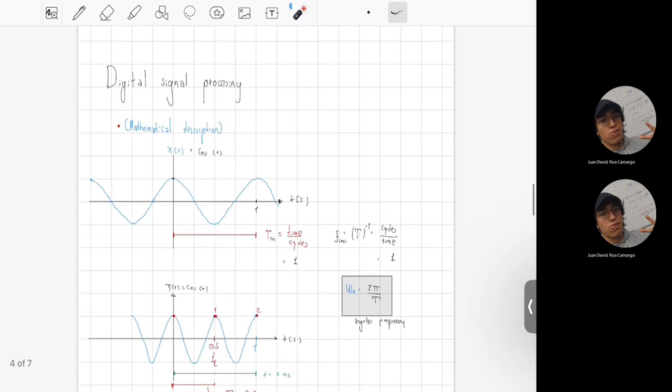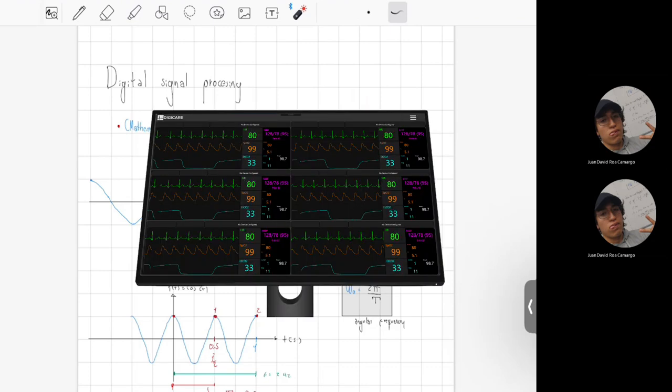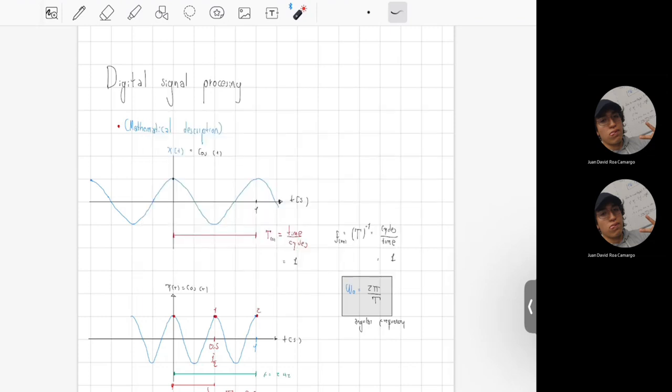Before we start, I want to make a reflection on signal processing, which is basically the way in which we can understand the world through mathematical descriptions of what a sensor could give us as an answer.